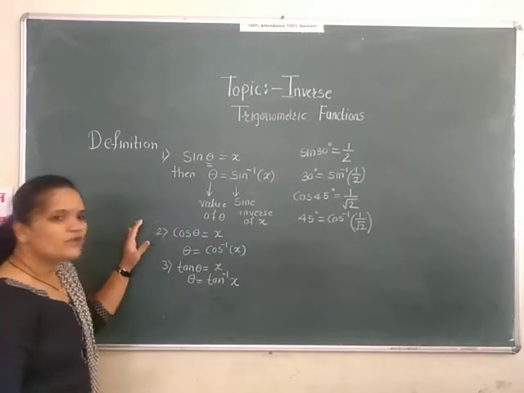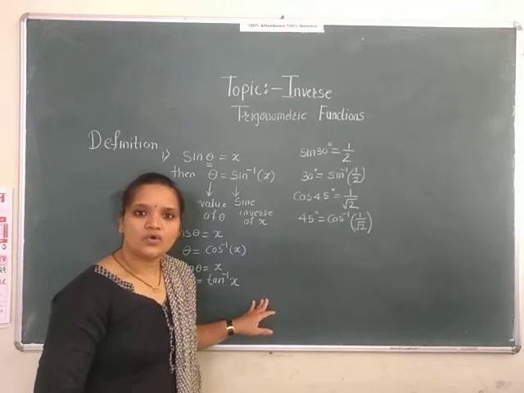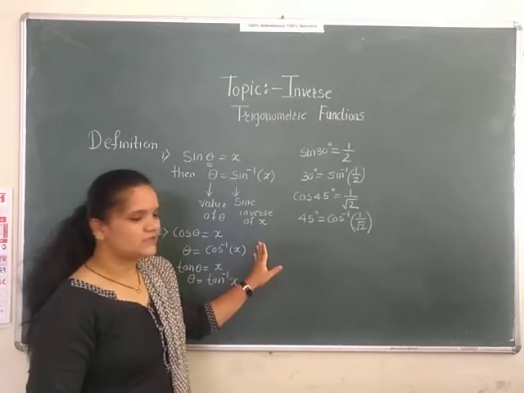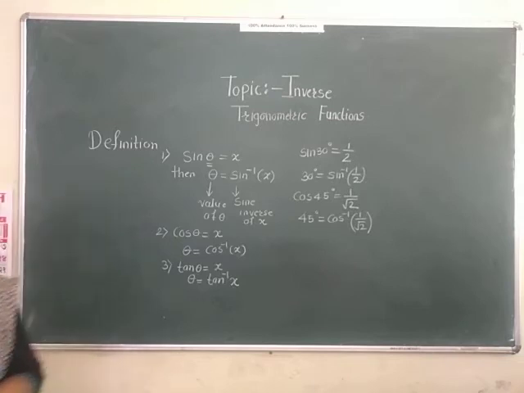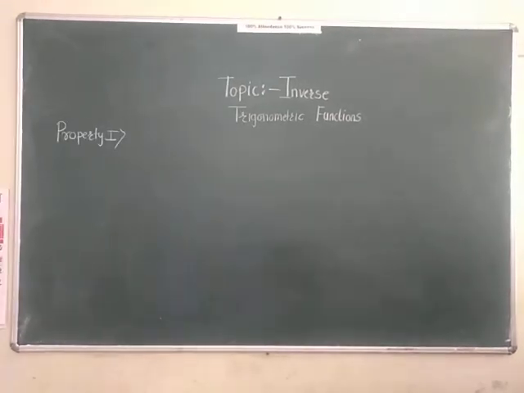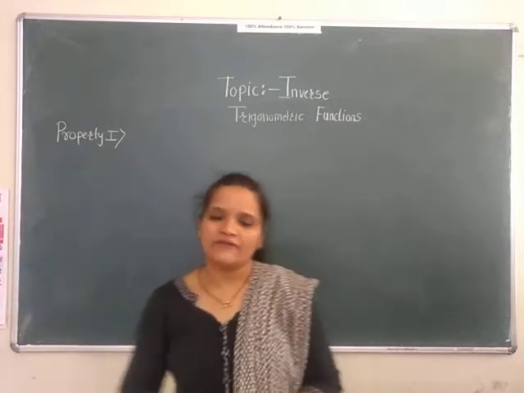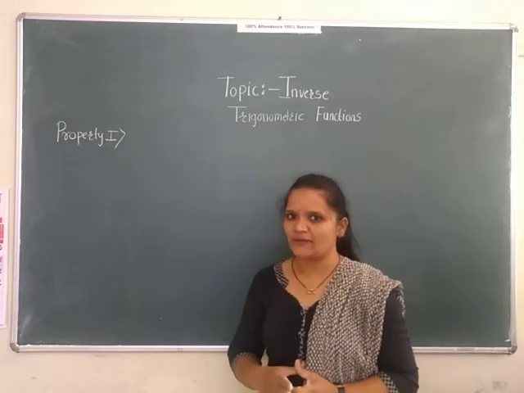In this way, similarly, we can find cot, sec and cosec inverse of a given theta. Okay, so write down this first of all. Now, after definition, we are going to study properties of inverse trigonometric function.